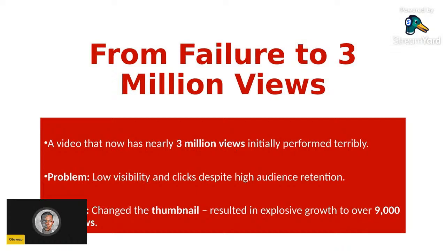Now, what is that thing that is stopping people from watching such a wonderful video? It is a bad thumbnail. So low visibility is the result of a bad thumbnail. And when you have low visibility, people won't be able to watch the very wonderful full video that you have made.